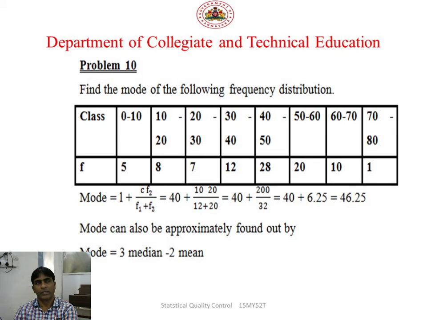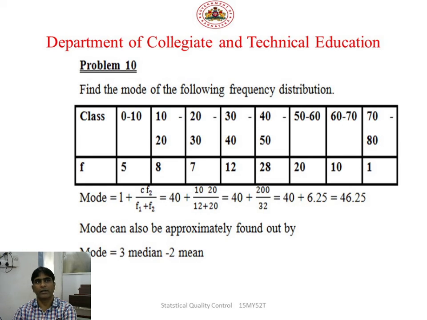F1, the frequency preceding the model class, is 12. So 10 into 20 divided by 12 plus 20. So you are getting 40 plus 200 by 32, that is equal to 40 plus 6.25, that is nothing but 46.25, the mode approximately.